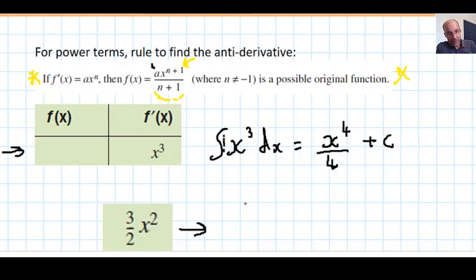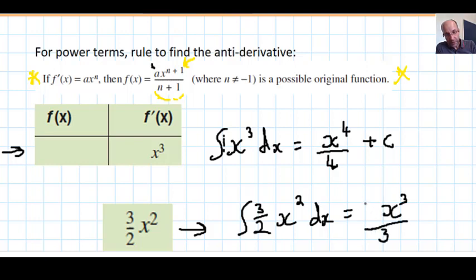Last one. So one of the other ones was that one, so we have to find the integral of 3 over 2 times x squared dx. So the antiderivative, or the general integral, we've got a there, and a is 3 on 2. We have the power, which is 2, so we've got to add 1 to the power and divide by the new power, and we've got 3 over 2 there.